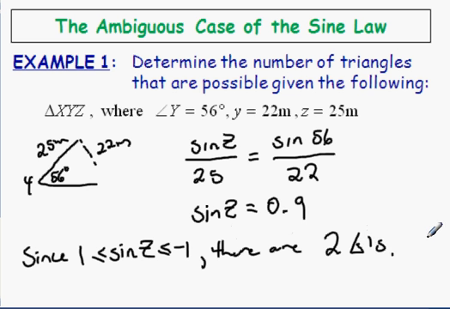Okay, so because sine z is 0.9, which is between -1 and 1, okay, that means there are two triangles. So we don't have to actually solve them, but we could if we were asked to.